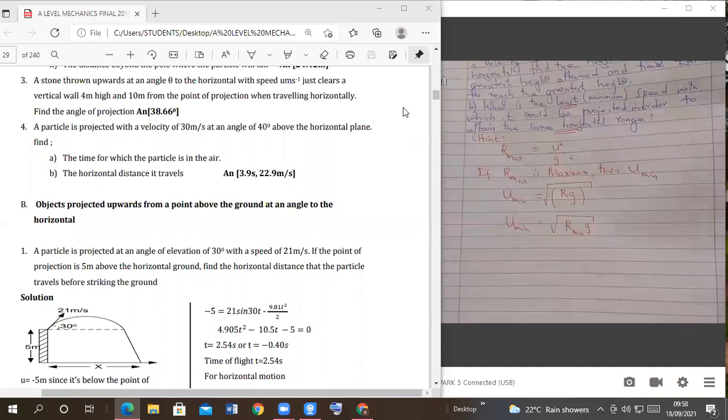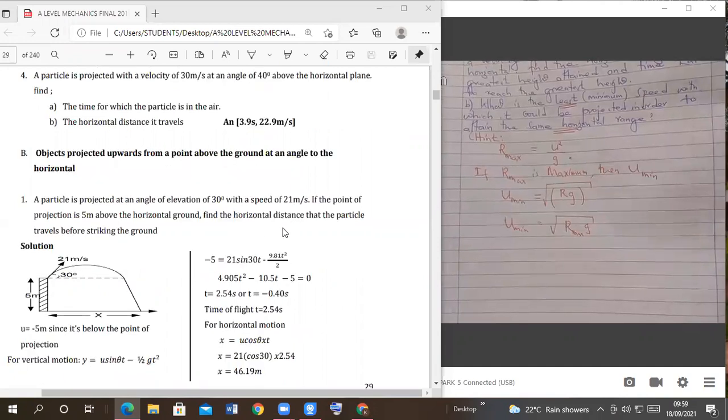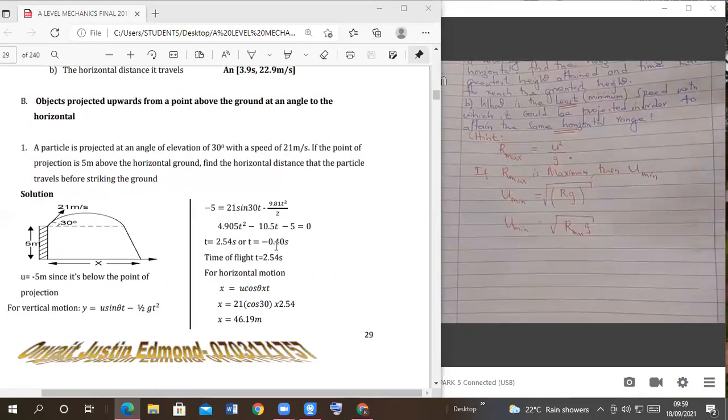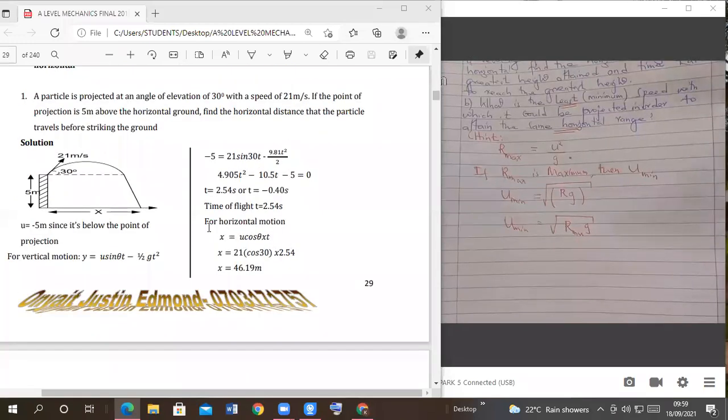Good. Now let's look at a situation where an object is projected from a given point above ground level. We have seen how we do calculation when an object is projected from a point above the ground, when it's directly vertically projected up.